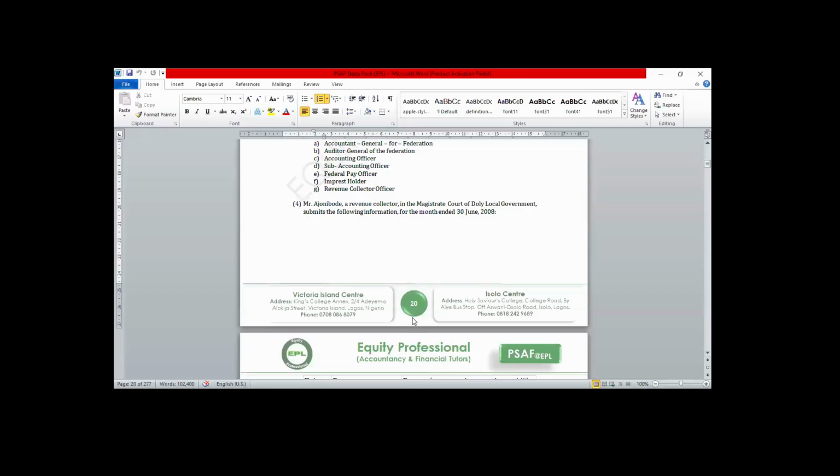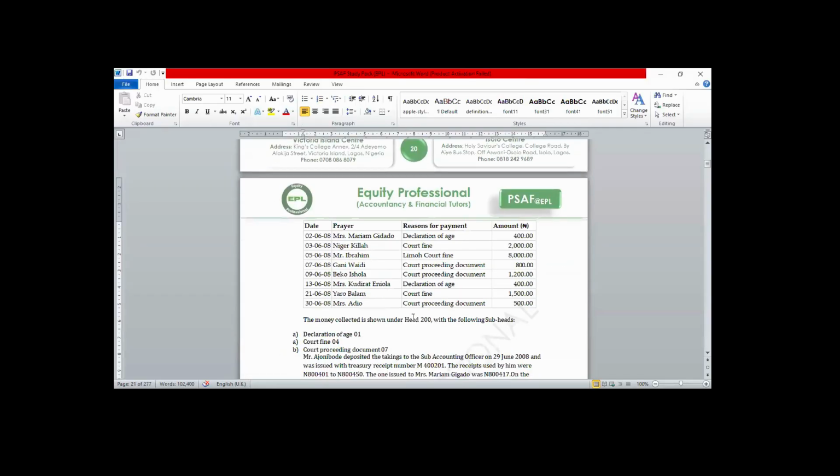Now, if you look at the question, we're told here that Mr. Ajonibode, a revenue collector in the Magistrate Court of Doli Local Government, submitted the following information for the month ended 30th June 2008. And we have a table being given to us.